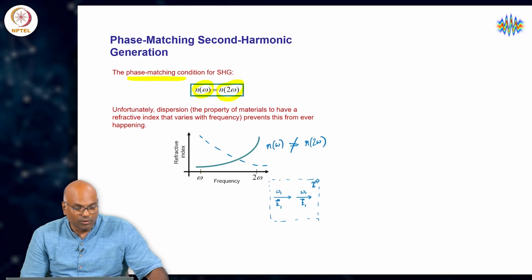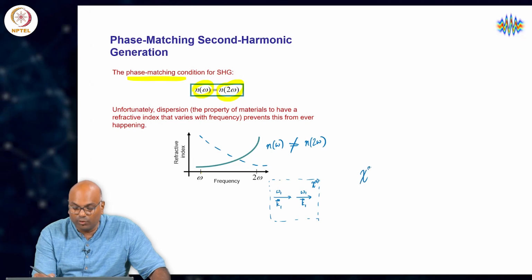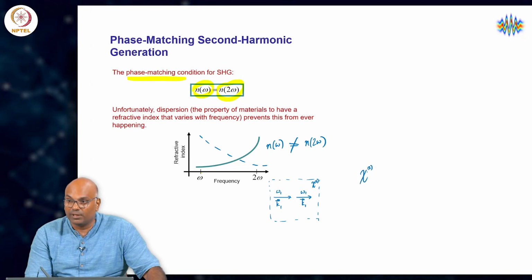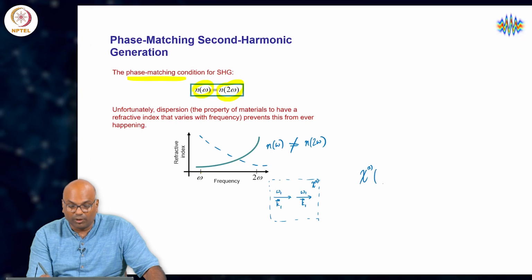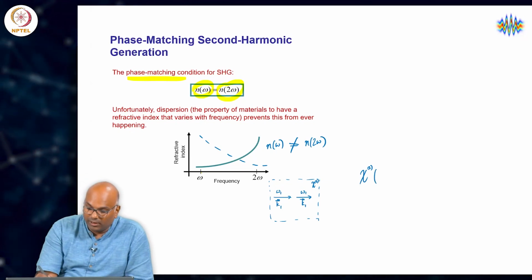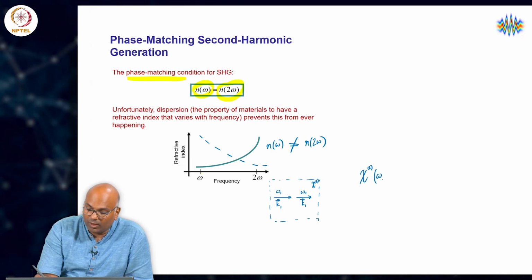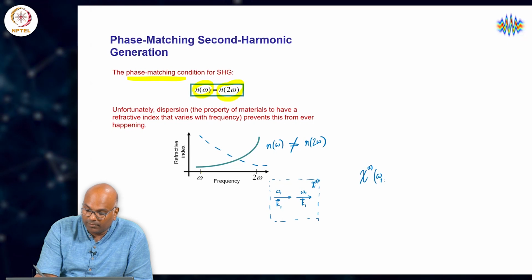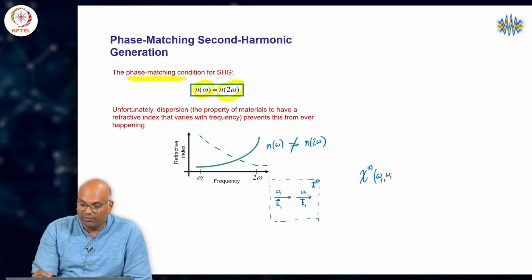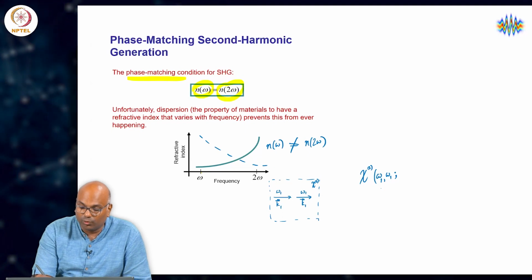Okay. So, another fine point we should write, chi 2 also has a dispersion, it has a frequency dependence. So, since we are talking about the second harmonic generation process here, we must write chi 2 in a proper way, if you wish, where we write the two involved frequencies.